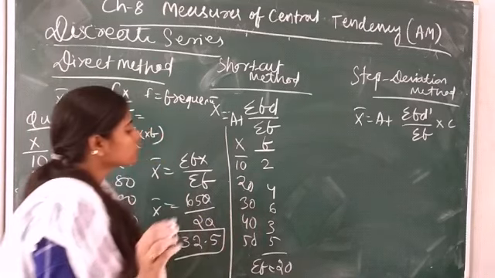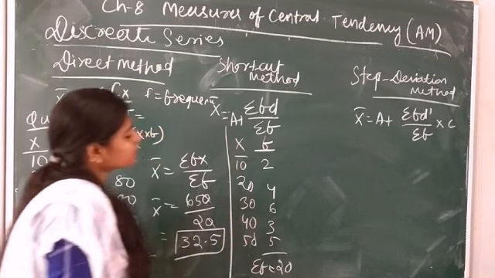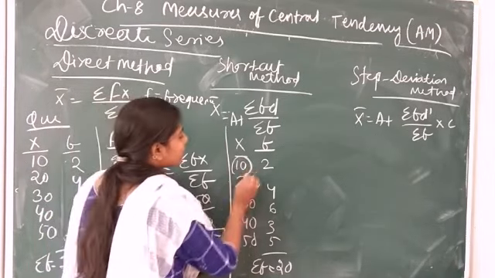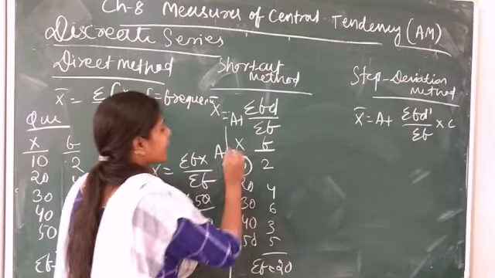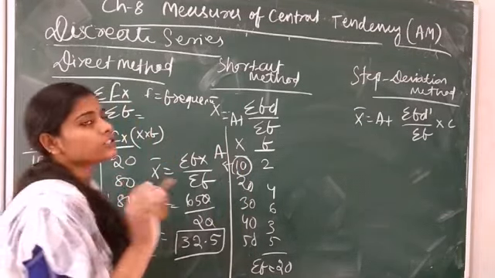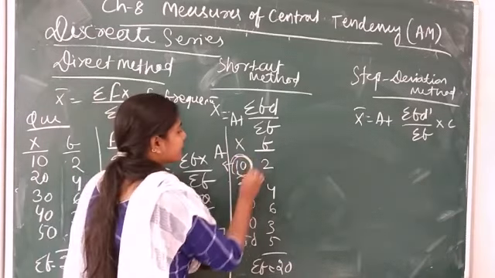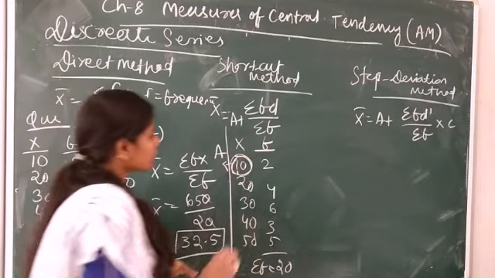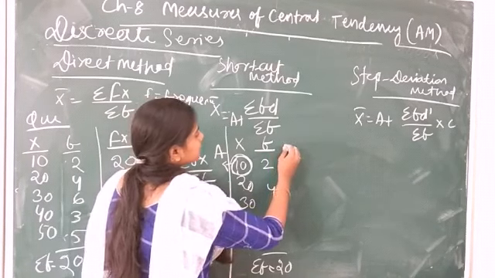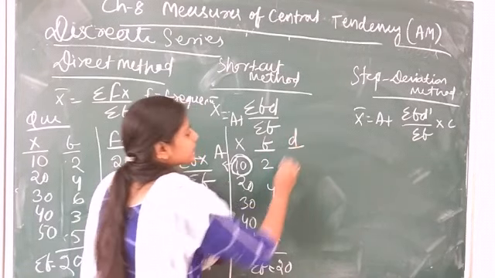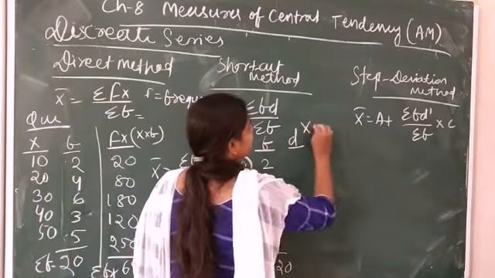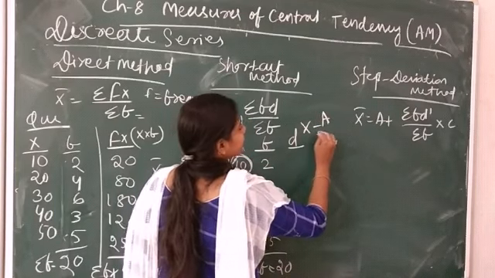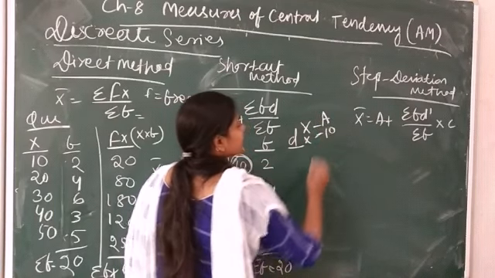We take any number from these 5, we take the number 10. So 10 is your assumed mean. A is your assumed mean, and we take 10 as the assumed mean. Here we calculate d. d equals x minus a, that is x minus 10.